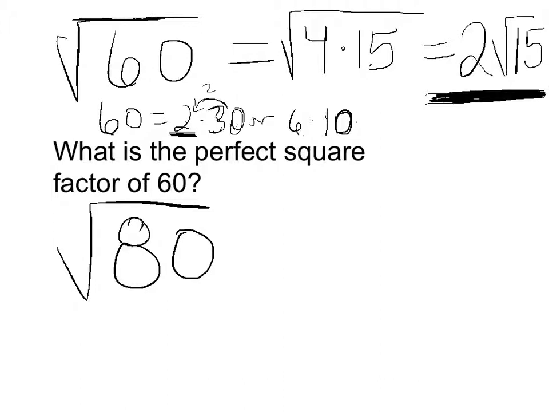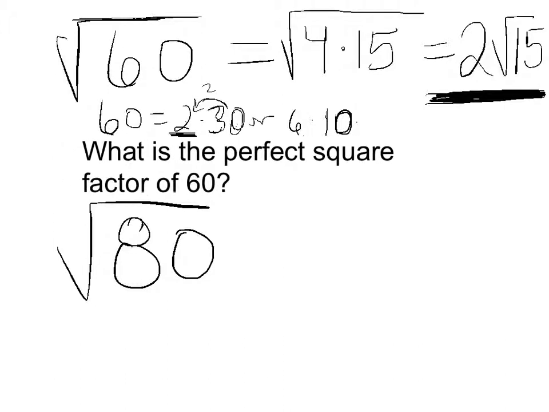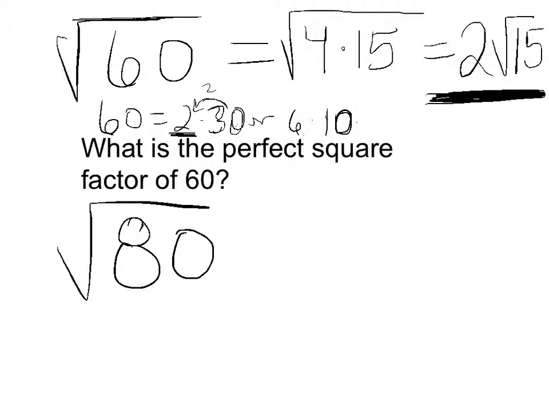Let's see how this looks for 80. Instead of asking what is the perfect square factor of 60, we're going to ask, what's the perfect square factor of 80? Well, there's actually two. 80 is 2 times 40, no perfect squares. Sorry, 2 times 40.